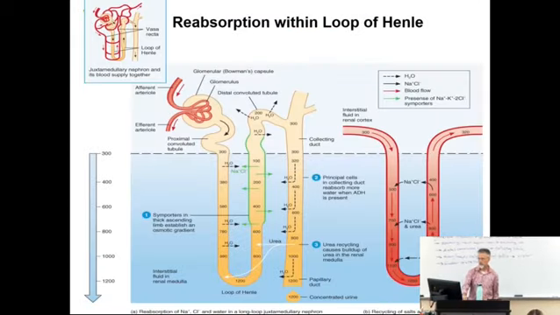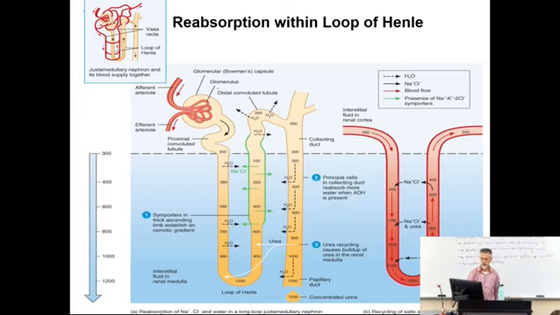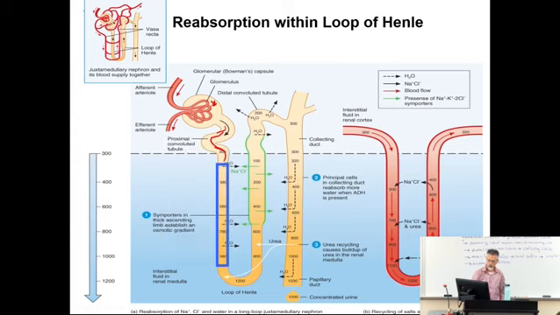So when we were talking about the nephron, we're doing our filtration here. And now, as the filtrate is going down, right, we can see that on the descending limb, we're reabsorbing water. So as we reabsorb water, we see the concentration of that filtrate increase.